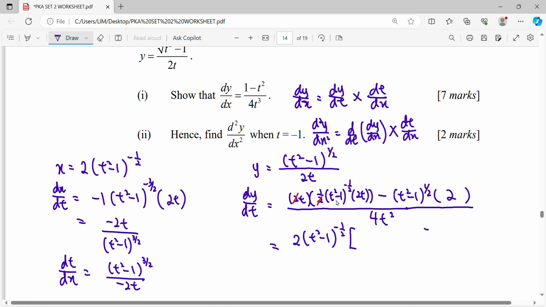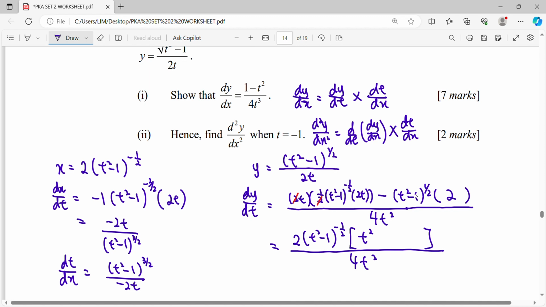So what is your remainder? What is your balance there? When you take out a 2 here, your remainder part is t times t squared. And this factor is already factored out.